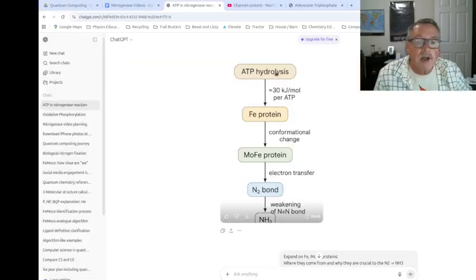Now here's another diagram. Here's the ATP hydrolysis that we talked about. Hydrolysis means that it's just combining with water. And down here we have electron transfer that weakens the triple bond of nitrogen so that we can get to ammonia. So what are these proteins doing? What are the proteins doing that we want to see what's going on?